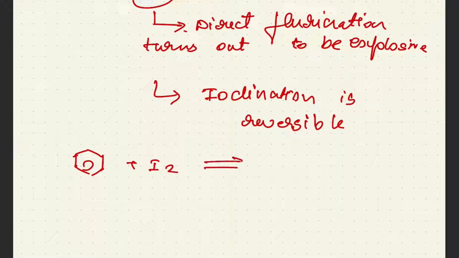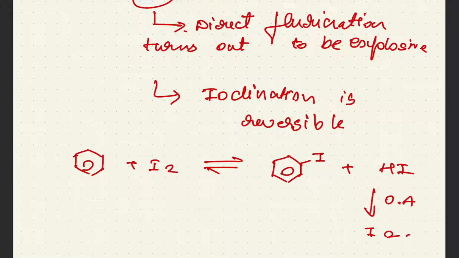I2, this is going to be reversible as it is very less reactive, so it's all due to the energy aspects. We get this, and this HI, in presence of an oxidizing agent (OA), this turns out to be I2.